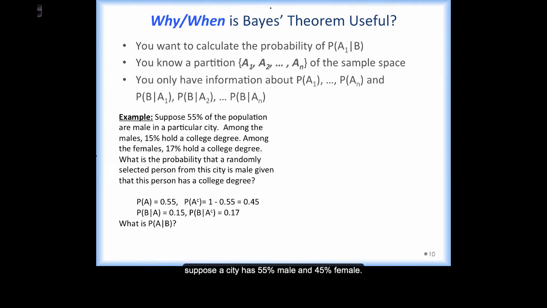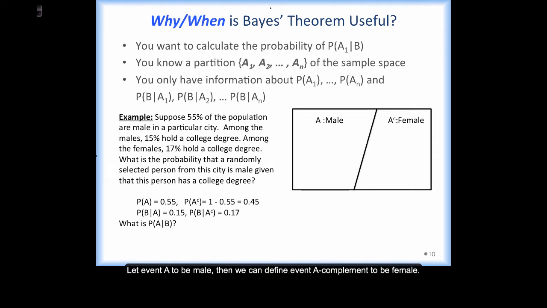suppose a city has 55% male and 45% female. Among the males in the city, 15% of them have a college degree. Among the females in the city, 17% of them have a college degree. Let event A be male.